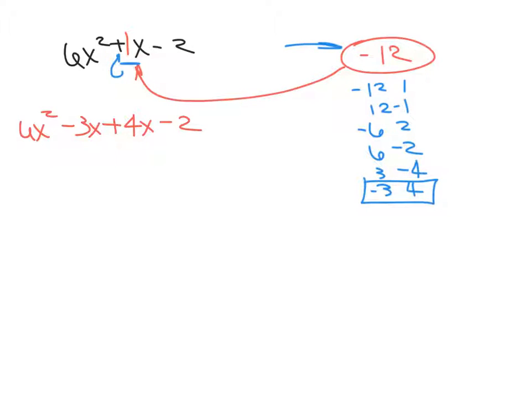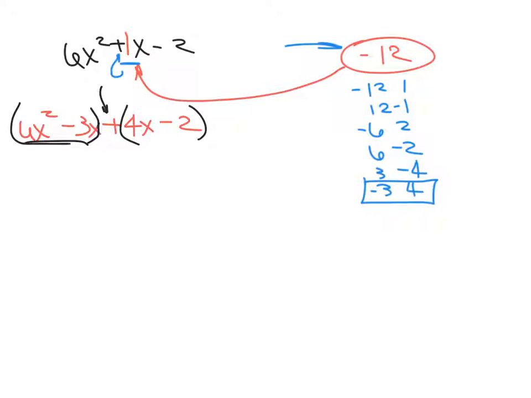So notice, when we take these two and add them, we get our positive 1. We didn't really change the value, we just changed what it looked like. Once we get there, we're going to group. We're going to put parentheses around the first two, parentheses around the second two, but we're not going to put parentheses around the sign of the second group.